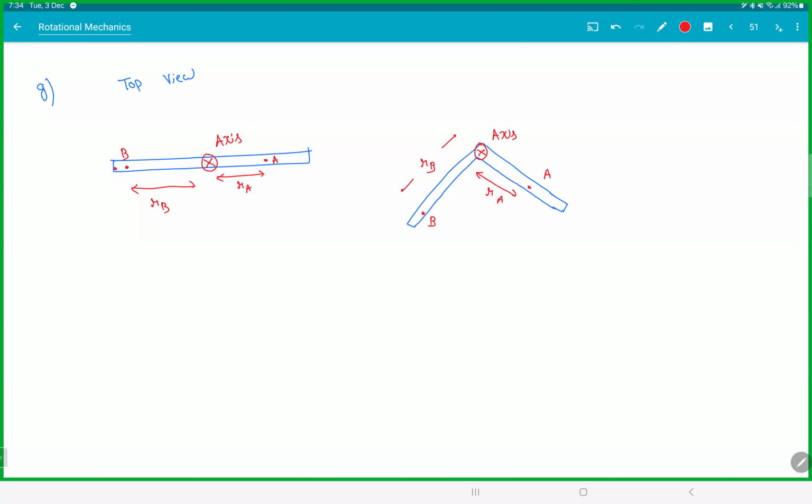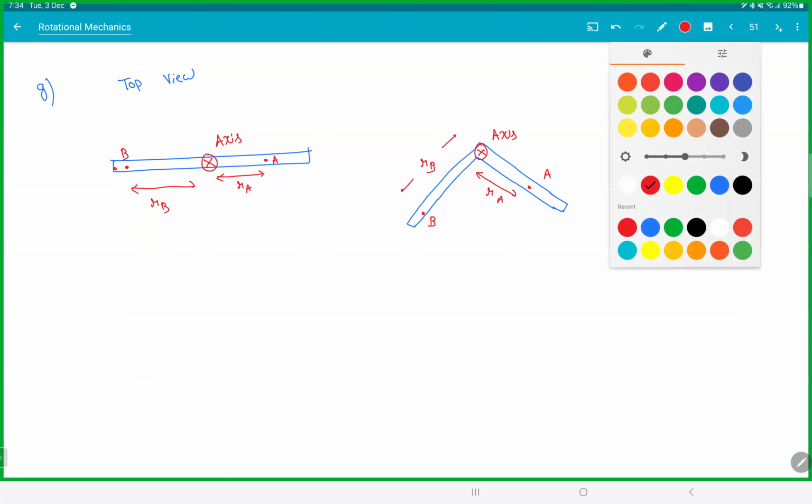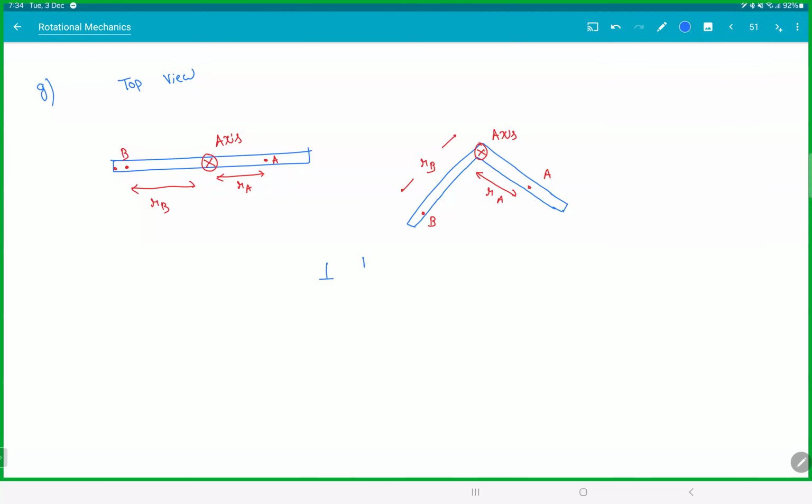When you stretch your hand and rotate, does your distance from the elbow to the shoulder change? So the perpendicular distance from the axis remains same, isn't it? The perpendicular distance from the axis for any point on the rod does not change with bending the rod. It is independent of theta.